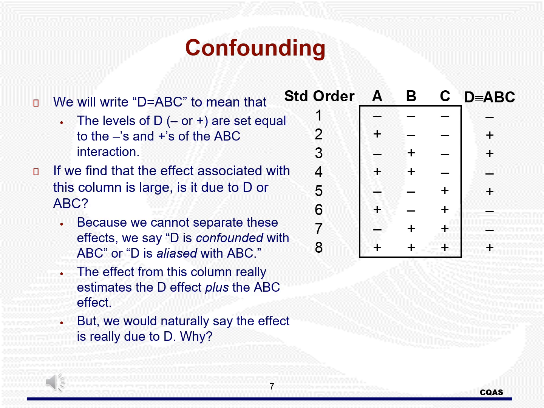So in other words, if D is confounded with ABC, then the effect for this chain is a linear combination of the effects for D and ABC, denoted as D + ABC. The problem here is that for a large effect, we cannot tell if the majority is coming from D or ABC. In this case we would assume that the large effect is due to D. This is because ABC is a higher order term that we will usually deem not active.